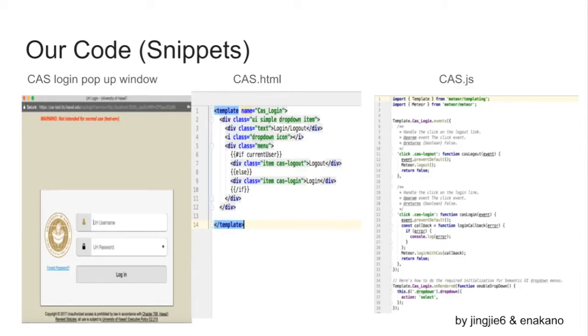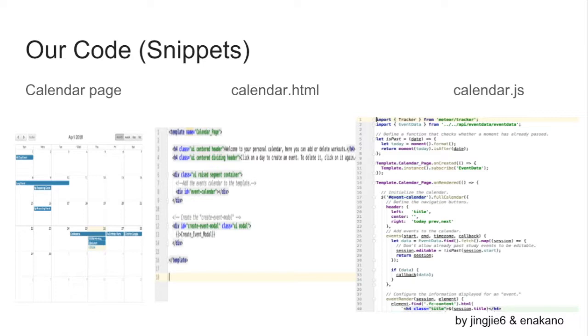The code here is again from CodePen, and it shows the code for embedding the YouTube video player. Following is the code for the CAS login, which is actually a pop-up window. And this is what my teammate coded. And following that is the code for the calendar, also from my teammate.